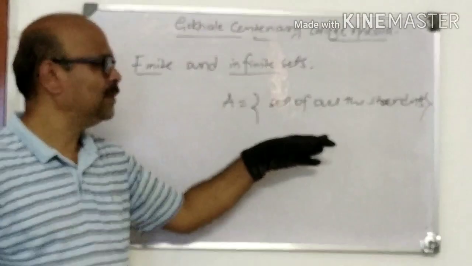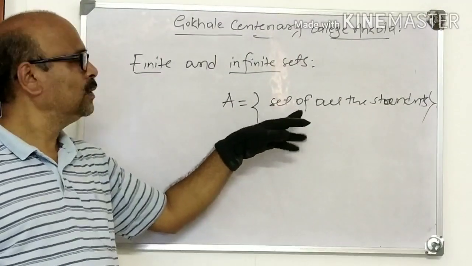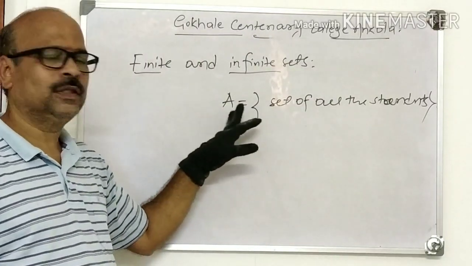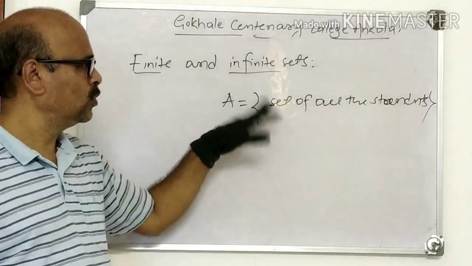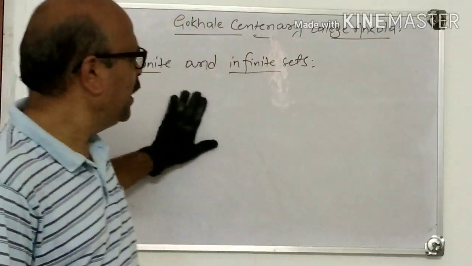No, it is a finite set, because we know the number of students. If you take the students all over the world, then we can count how many students are there, mainly in terms of crores, but it is a finite set. Set of all stars in the sky is infinite. Finite, infinite sets.